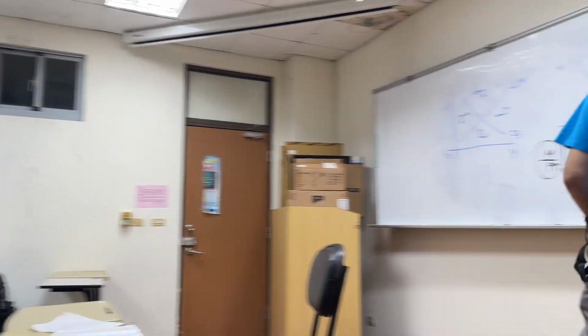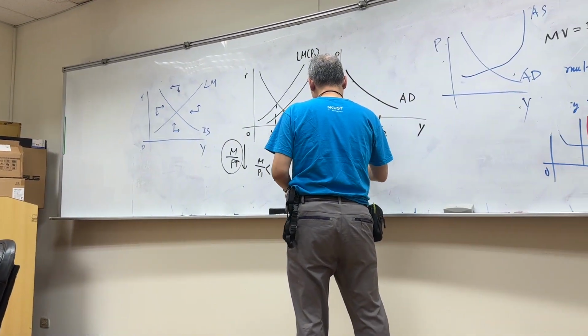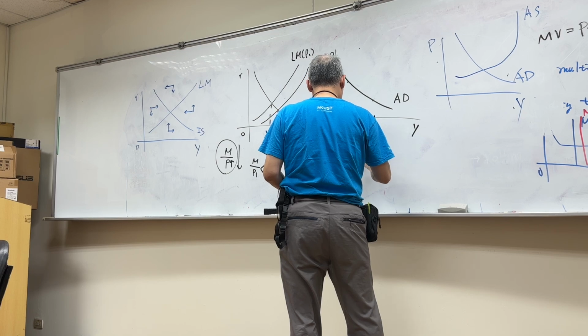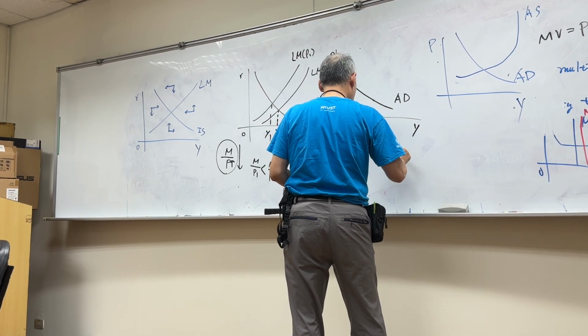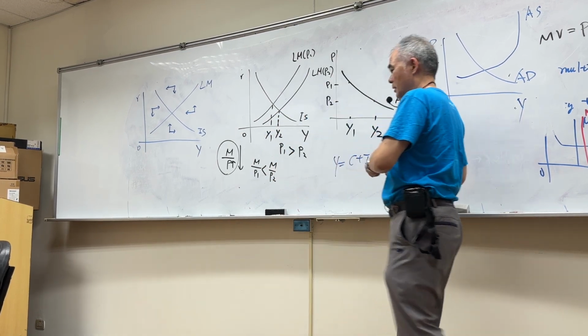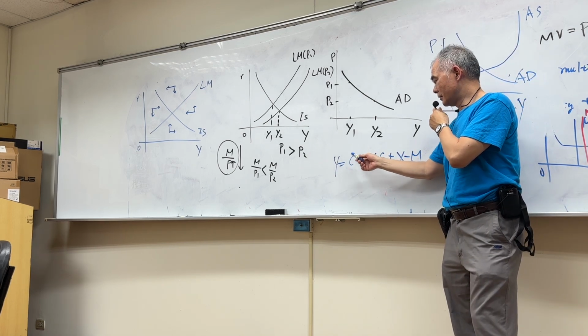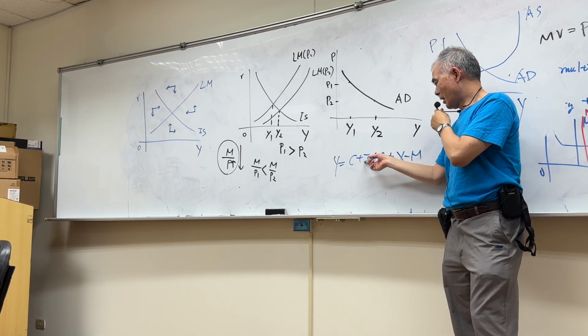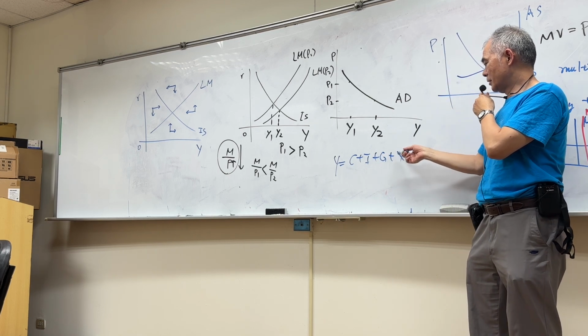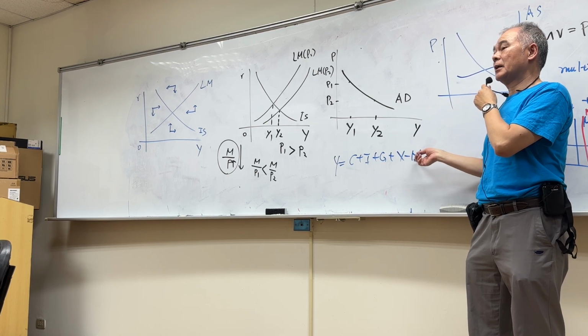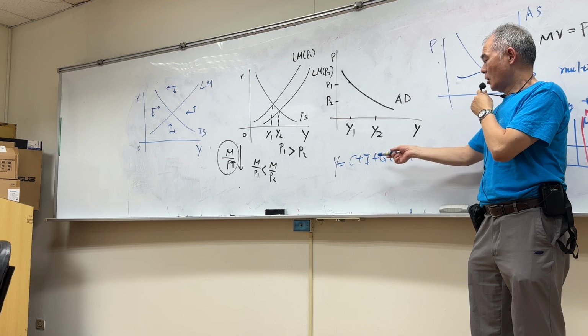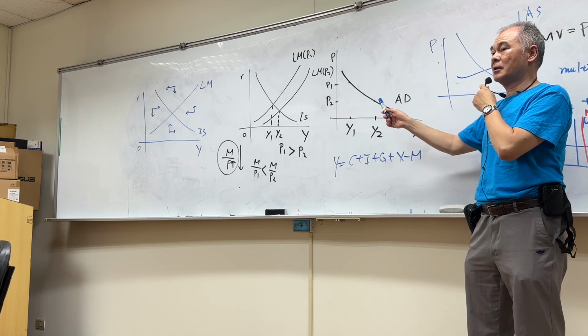So basically, because we say Y is equal to C plus I plus G plus X minus M, anything that will increase C, increase I, increase G, increase X, or decrease M, all these things will shift the IS curve to the right.